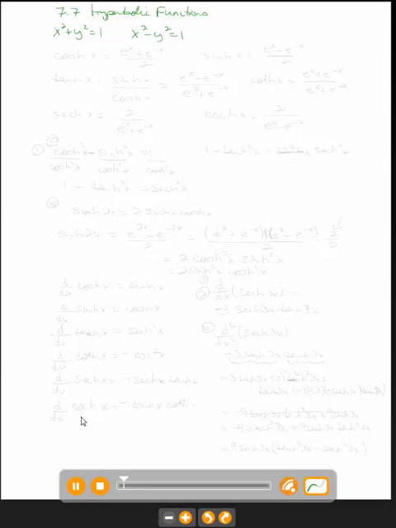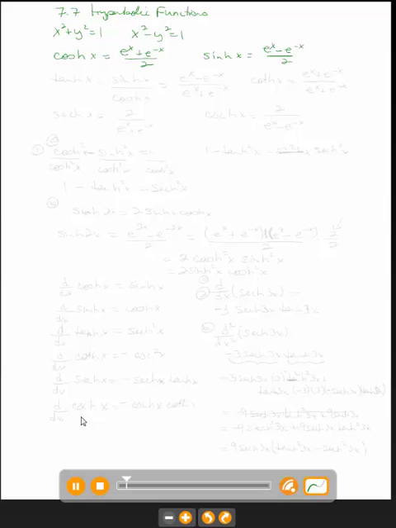You have all your definitions in here, but I'll list them quickly. When you list cosine, hyperbolic cosine, you put the h after it. Hyperbolic cosine of x is e to the x plus e to the negative x over 2. Hyperbolic sine of x is e to the x minus e to the negative x over 2.